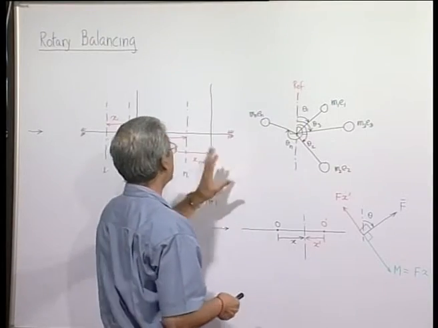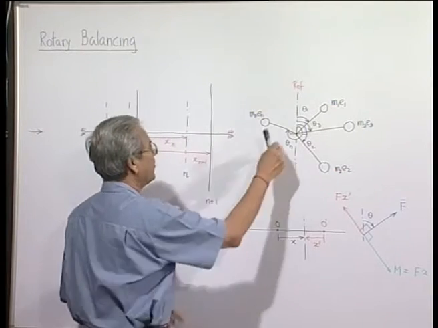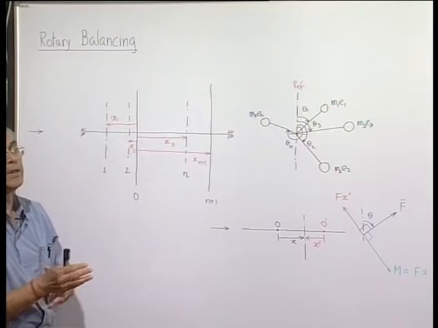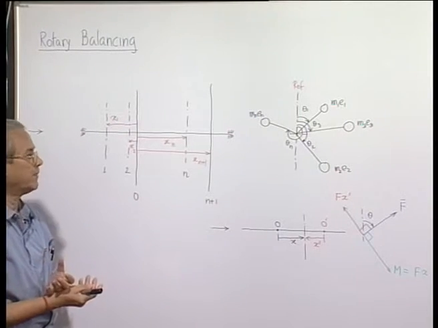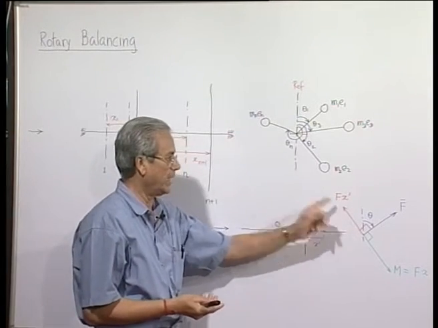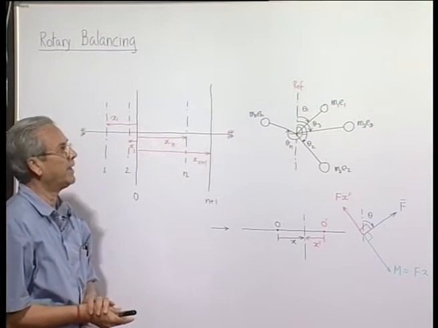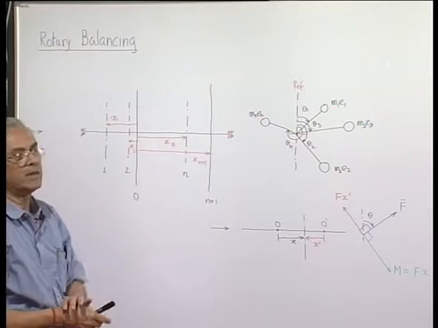If the moment is negative, because the x is negative, then obviously it will be diametrically opposite to that. That means, it will be lagging the force vector by 90 degrees as shown here. So, this thing has to be kept in mind when you solve the problem in a graphical manner.